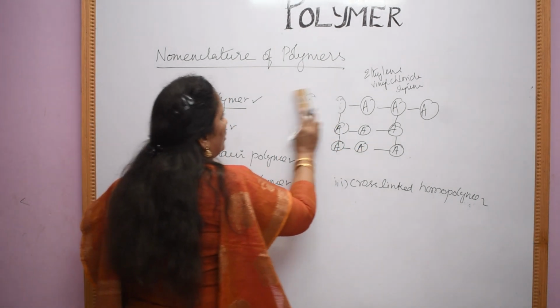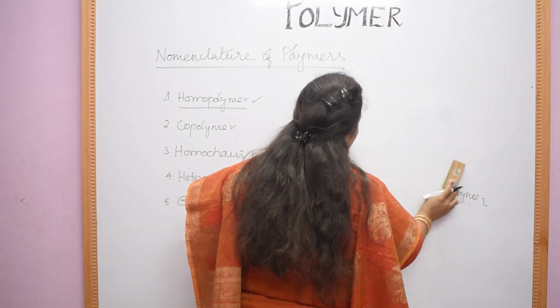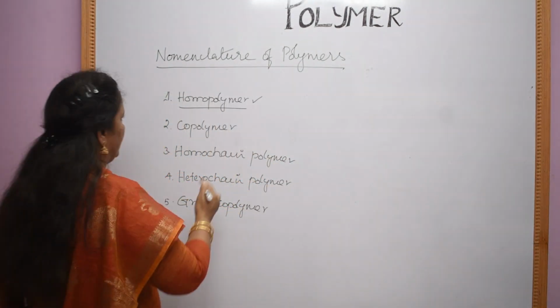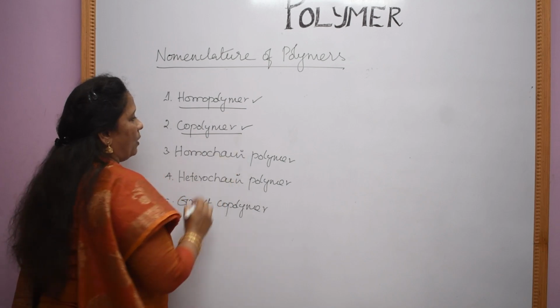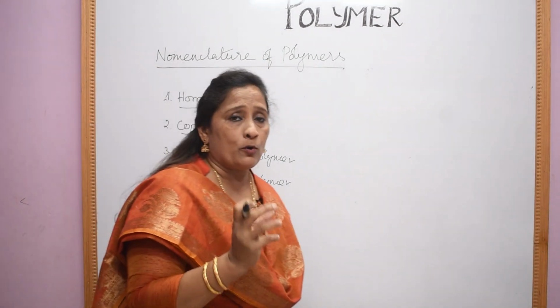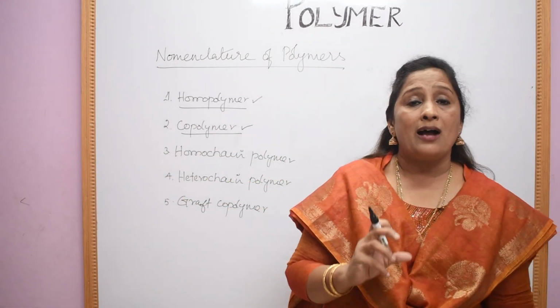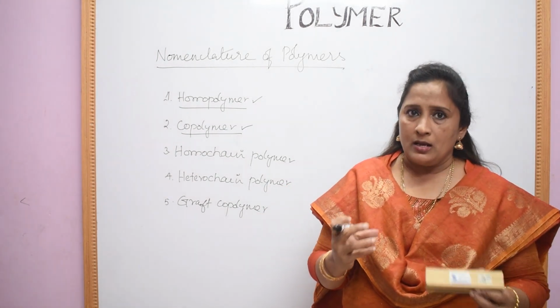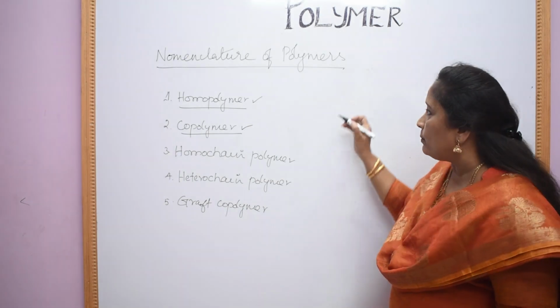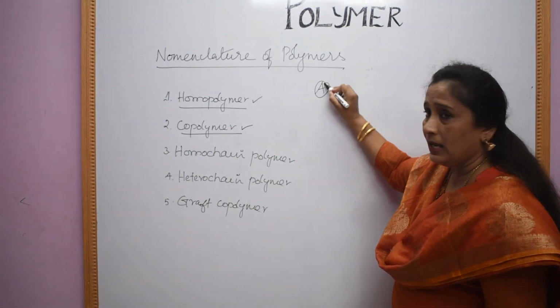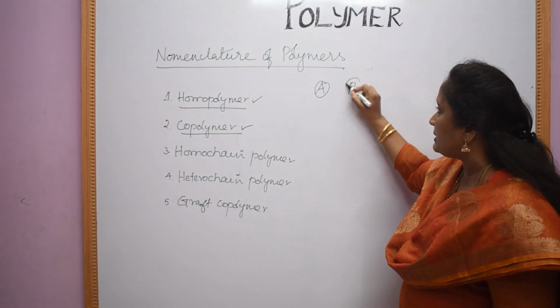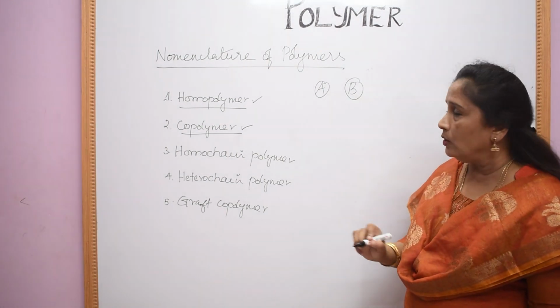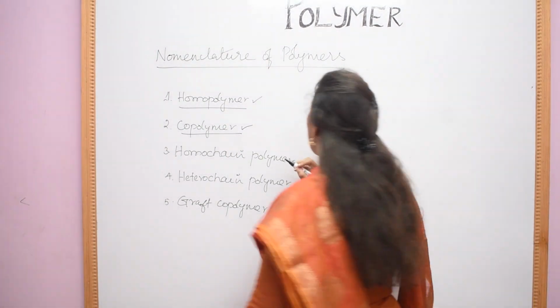Now let us move on to what is a copolymer. Copolymer is made up of two different monomers having different structure. So let me consider two monomers are combining and let one monomer be represented as A and the other monomer be represented as B. Okay, so what may be the structure of copolymer?